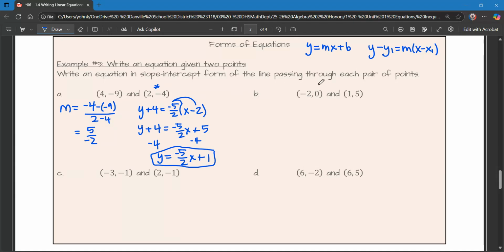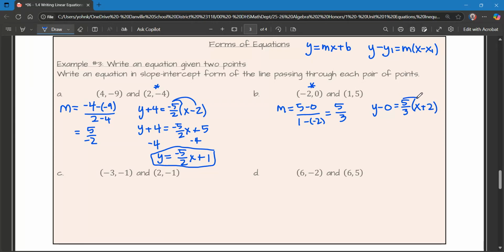Alright, letter B, (-2, 0) and (1, 5). First I need to find the slope. So I'm going to do 5 minus 0 over 1 minus a -2. That gives me 5 over 3, so my slope is 5/3. I'm going to pick one of the ordered pairs. I'm going to pick the first one with the 0, and I'm going to do y minus y1, which is 0, equals m, 5/3, times x minus x1, which is a -2, so that becomes a plus 2.